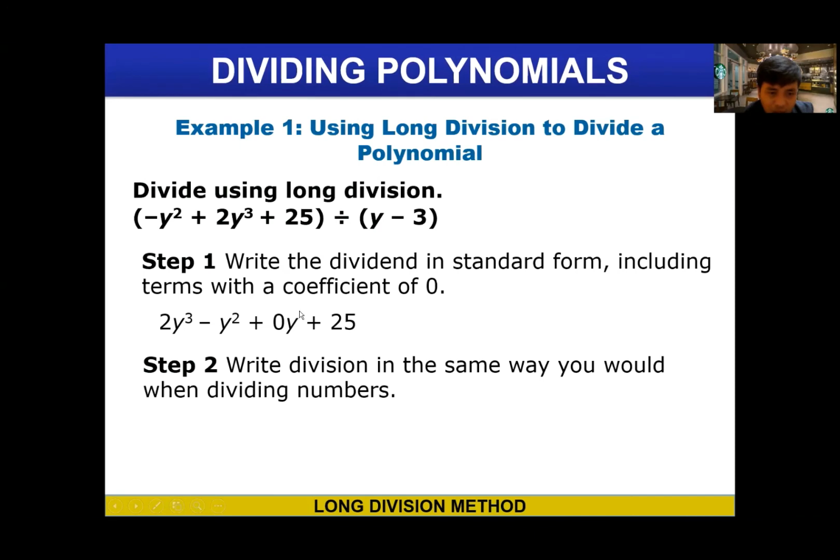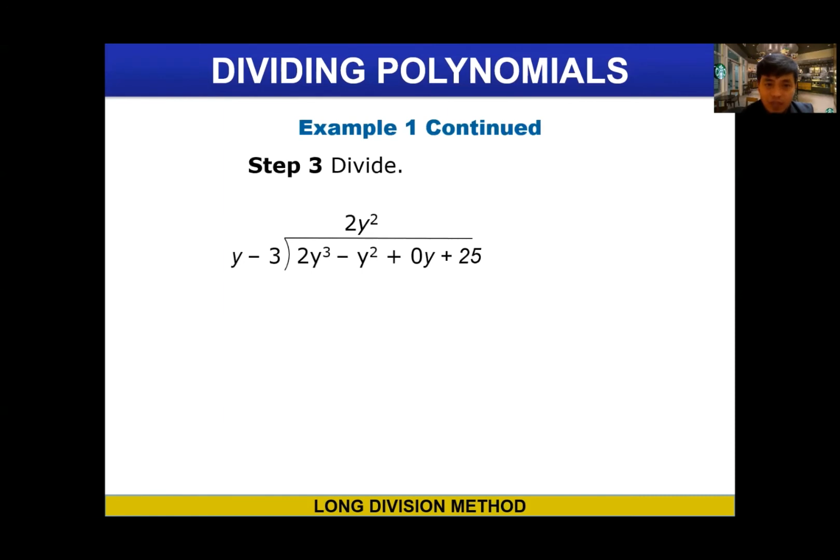After the linear term, meaning the term with an exponent of 1, should be the constant. Step number 2: write the division in the same way you would when dividing numbers, using an arithmetic long division. Okay, so we have that set up.